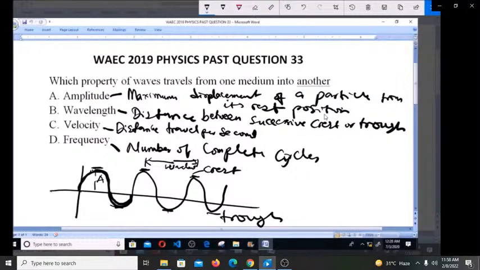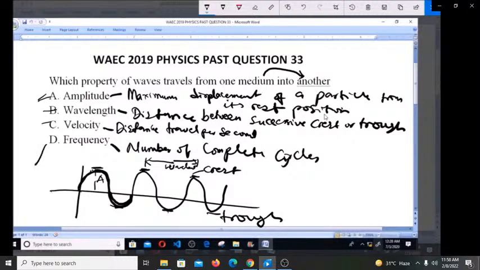So now we can say that frequency never changes. However, other properties of the wave, such as wavelength, velocity, and amplitude, can easily change. So you can actually have the amplitude changing when you're moving from one medium to the other. You can also change the velocity and the wavelength.